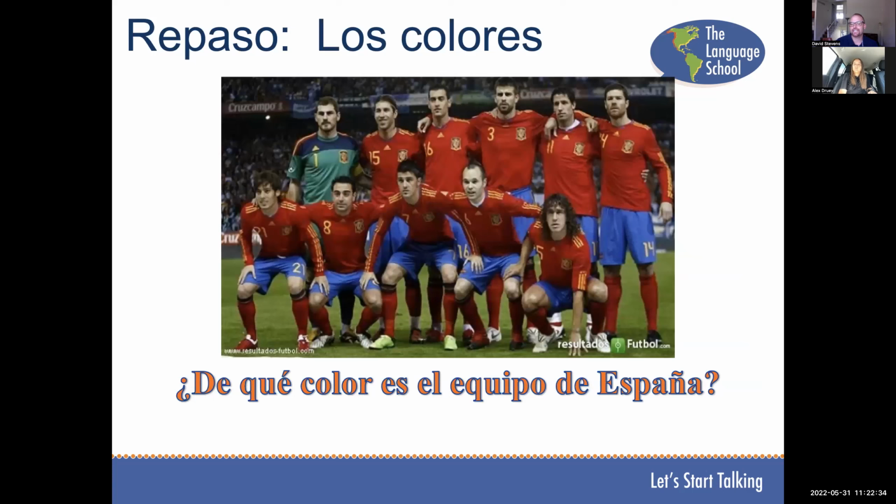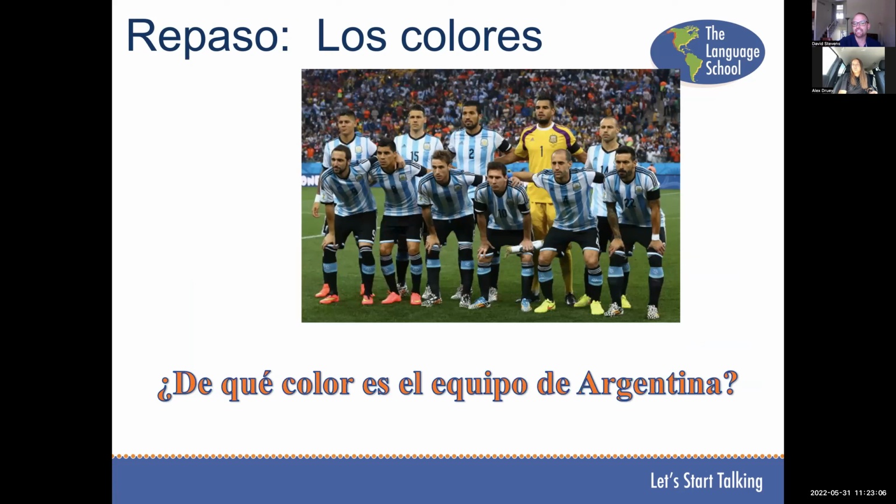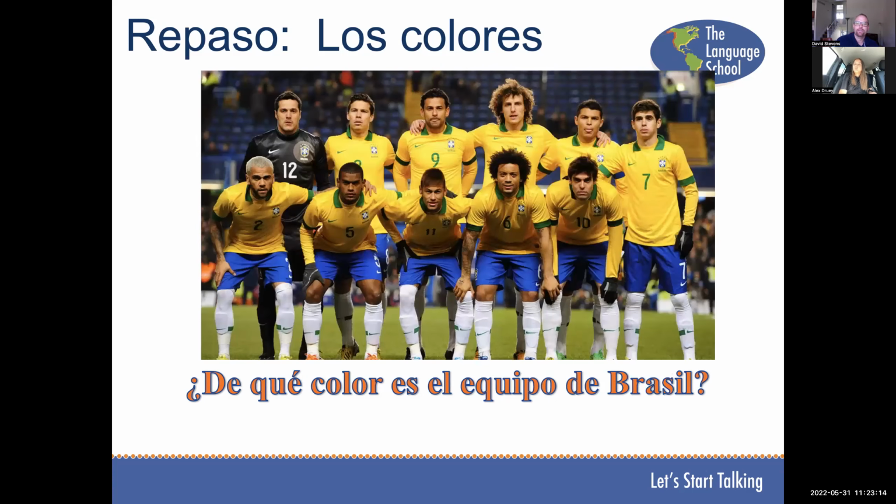Bien, ¿de qué color es el equipo de España? Rojo y azul. Don't forget blue. Rojo y azul. ¿De qué color es el equipo de Alemania? Rojo y verde y negro. ¿De qué color es el equipo de Argentina? Azul y blanco y amarillo. ¿De qué color es el equipo de Brasil?